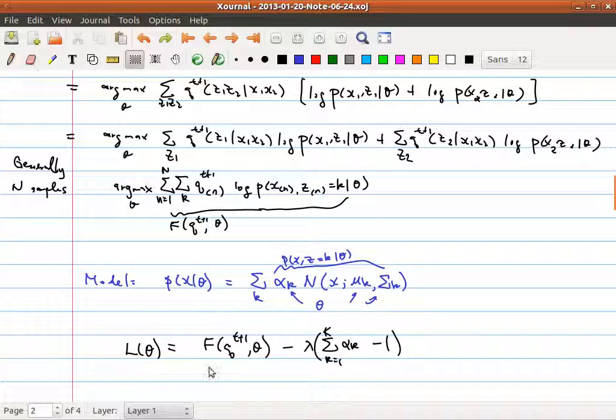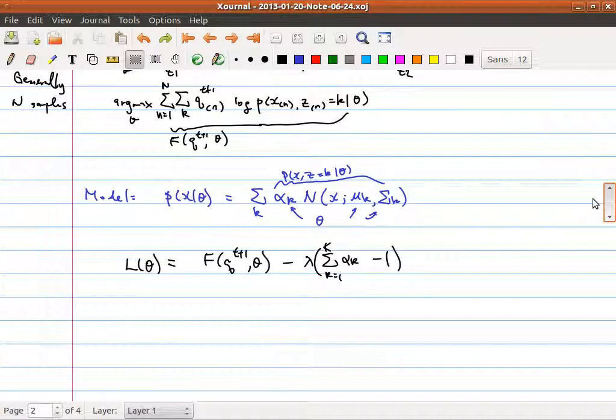So I can write the objective function as this, and I add this term because I have an extra constraint on alpha. Alpha is a PMF here, so it should sum up to 1. So I add this Lagrange multiplier term to take care of this constraint. And of course there are other constraints, but it turns out that we can ignore them for the moment, and it doesn't affect the result.